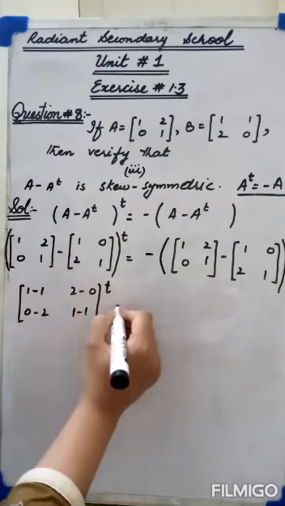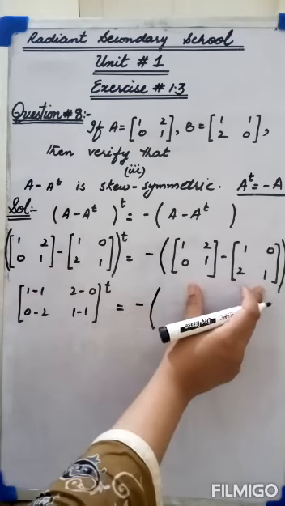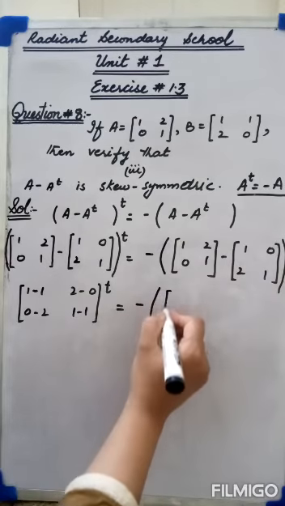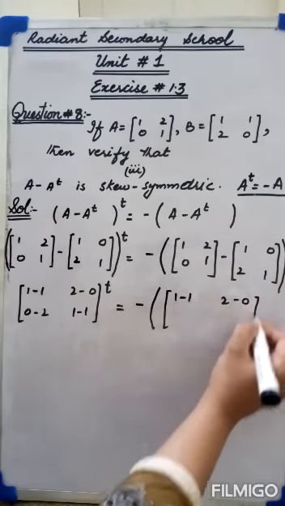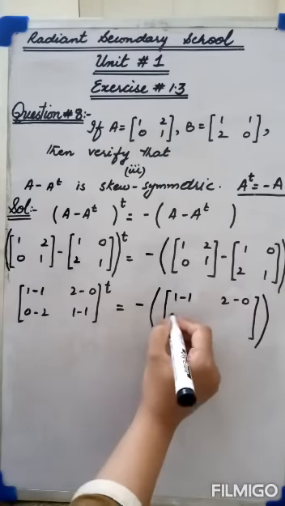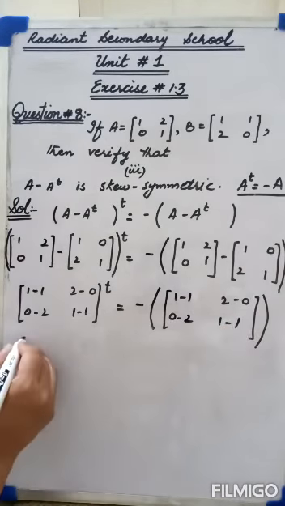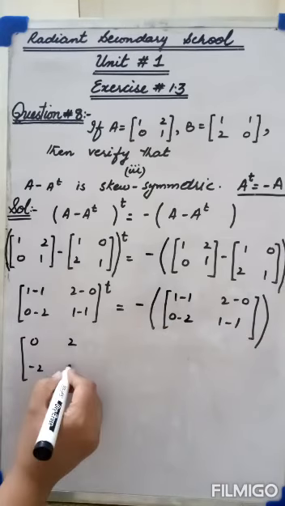Then its transpose is equal to minus, and first we will do the subtraction: 1 minus 1, 2 minus 0, 0 minus 2, 1 minus 1. Okay, it will now be 0, 2, minus 2 and 0.